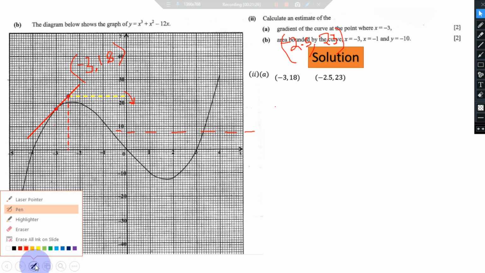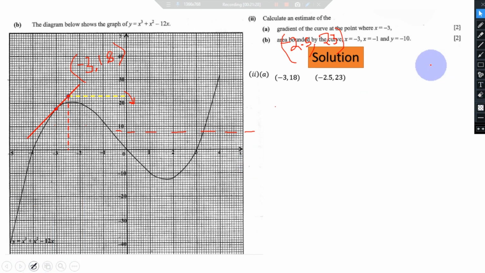So those are the values that we are going to use. Now, remember the formula for gradient? Change in y over change in x.